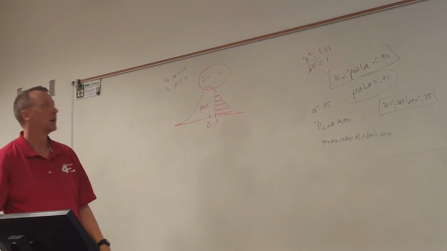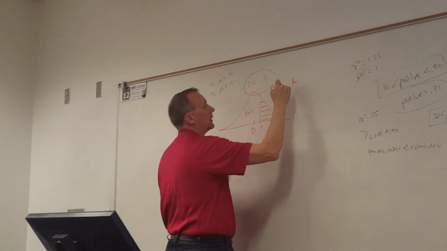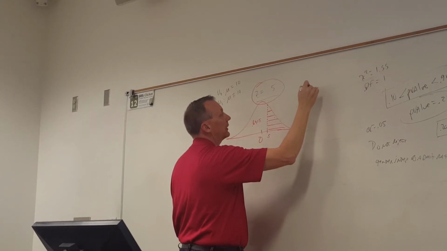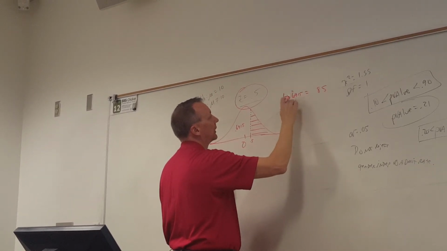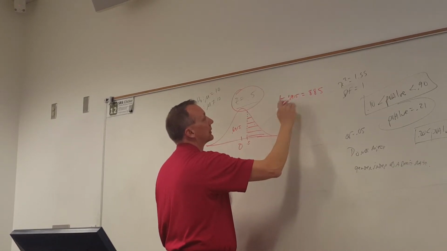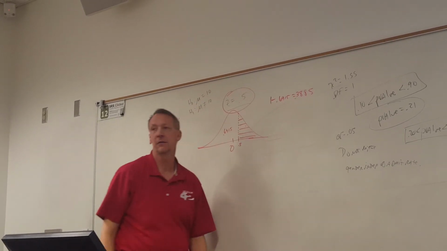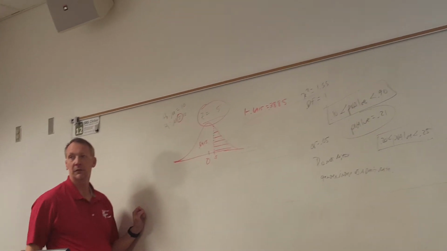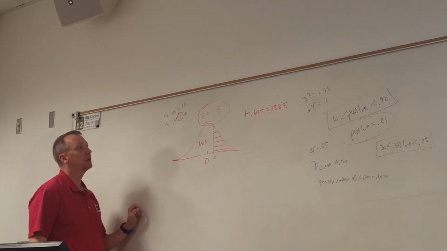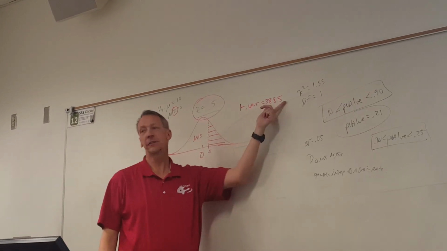1 minus 0.6915, which equals 0.3085. Okay? But we said that this was a two-sided test, didn't we? It's not equal to. So is this the right answer?